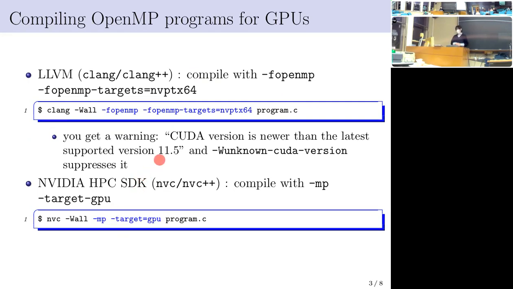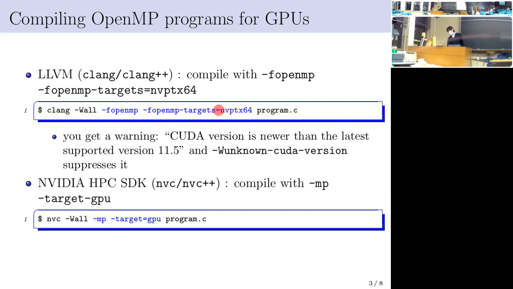This is definitely something you will learn in the Jupyter notebook, and it's somewhat different from one compiler to another, so you just learn on the fly. For LLVM, you give two options: not just -fopenmp, which you have been giving to compile for multi-core, but also -fopenmp-targets=nvptx64.